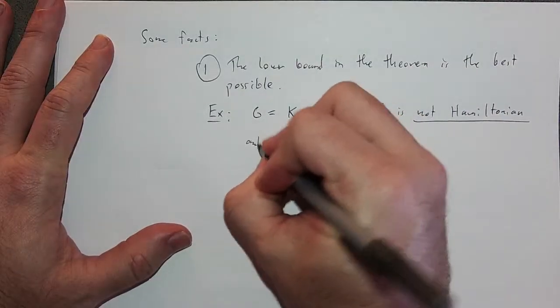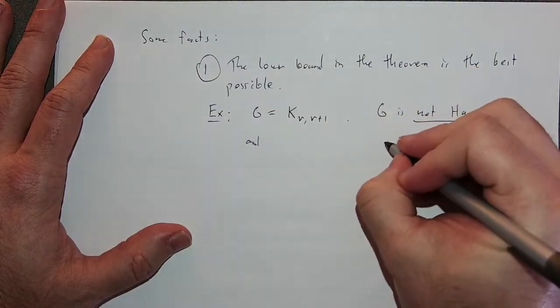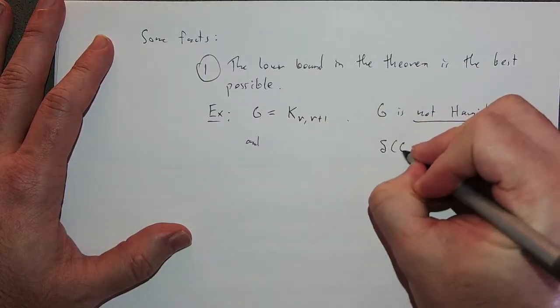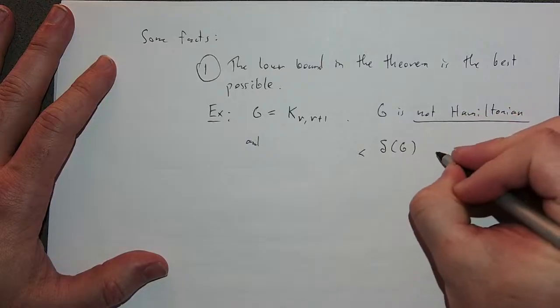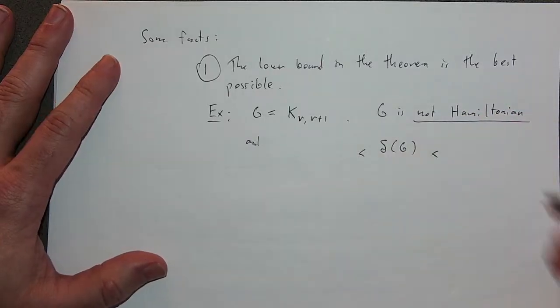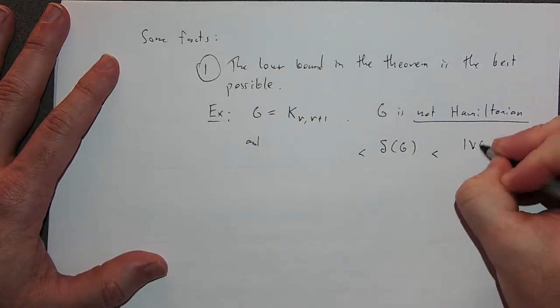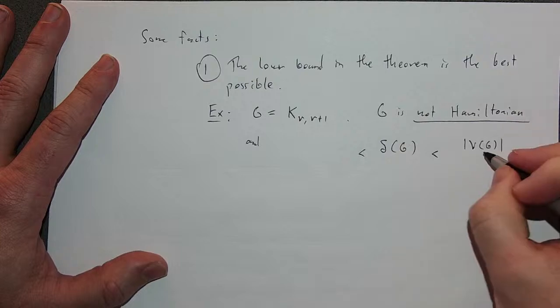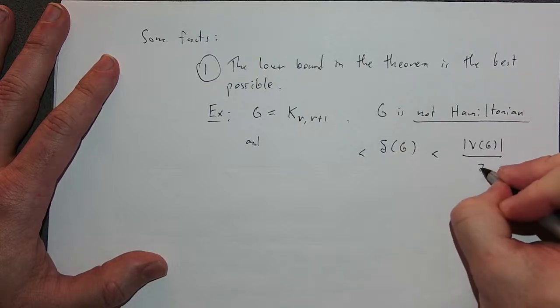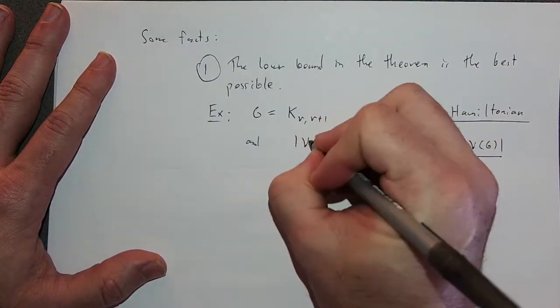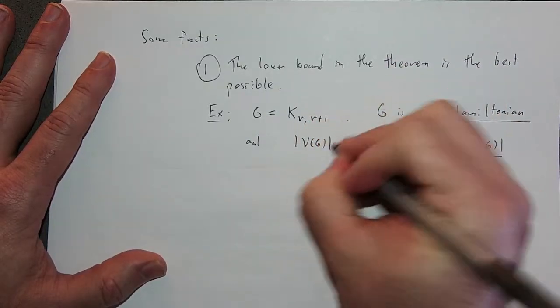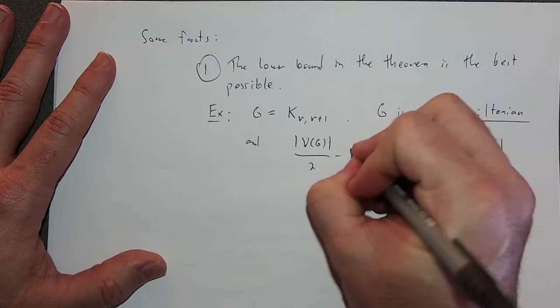And the minimum degree of G is strictly between the size of the vertex set of G over 2 and the size of the vertex set over 2 minus 1.